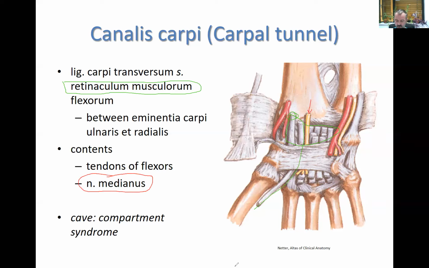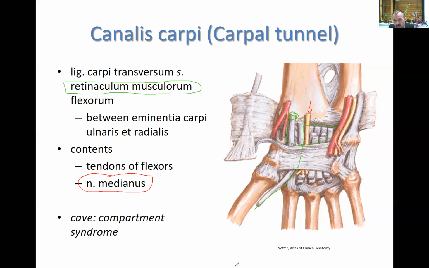If you work too much with your fingers, and nowadays it is mainly using the computer mouse, then the muscles get irritated, swollen, they compress the nerve. And the first symptoms of compression of the nerve, that means the first symptom of carpal tunnel, are usually night paresthesia. So you feel like ants walking on your fingers.